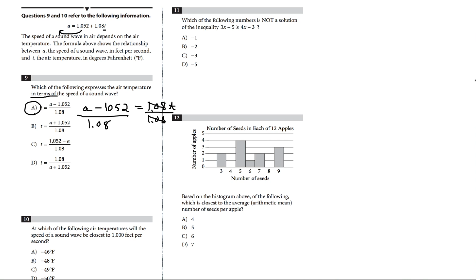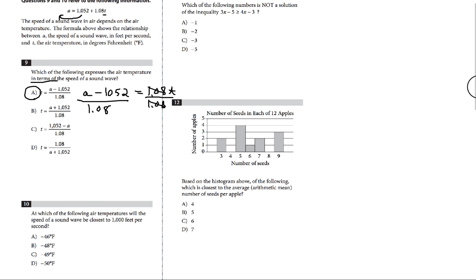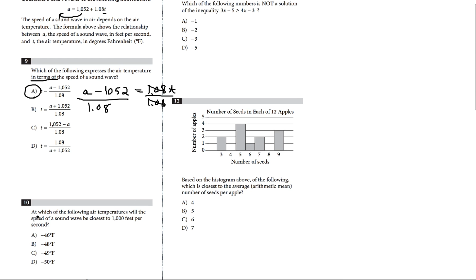All right, next one also goes with the same problem. At which of the following air temperatures will the speed of the sound wave be closest to 1,000 feet per second? I guess you could do it either way.